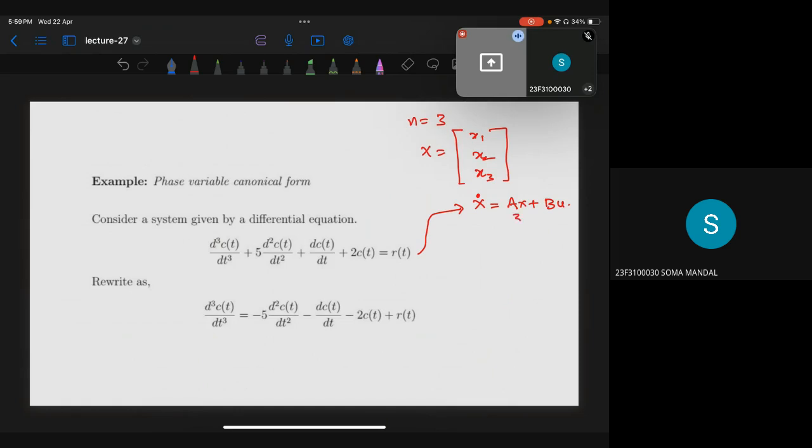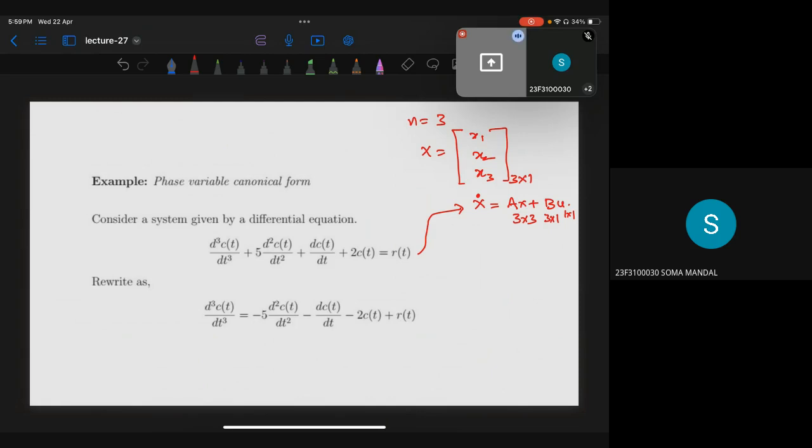We are trying to find a matrix of 3 by 3, correct? Yes, sir. And the U matrix is 1 by 1, because r(t) is just a variable. Then the B matrix is 3 by 1. Then x will be 3 by 1, correct?